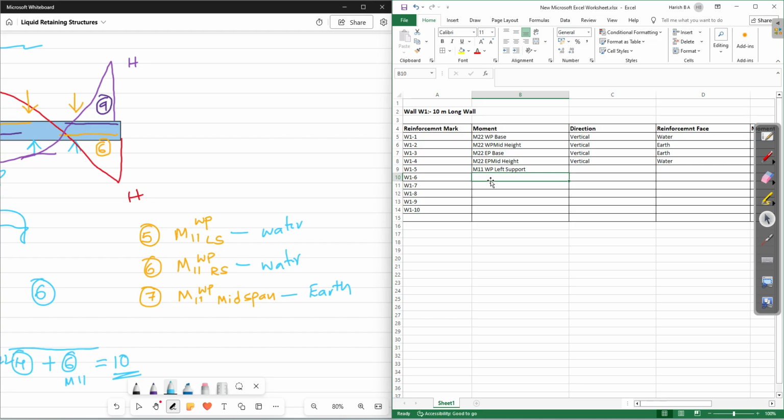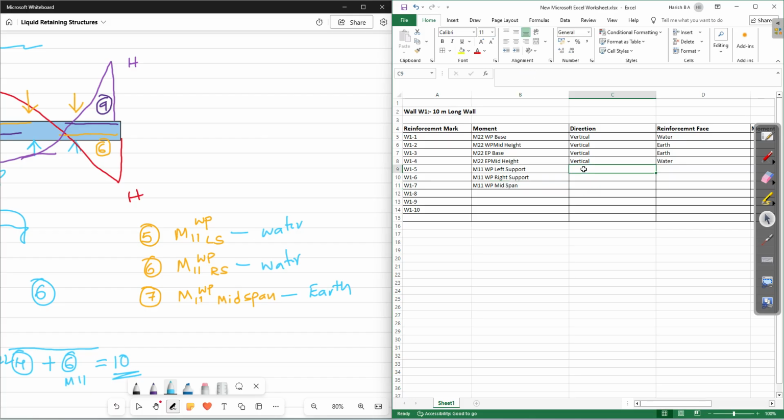Similarly, location number 6, M11 water pressure, instead of left, you write right support. Next 7, it is M11, again water pressure, mid span.